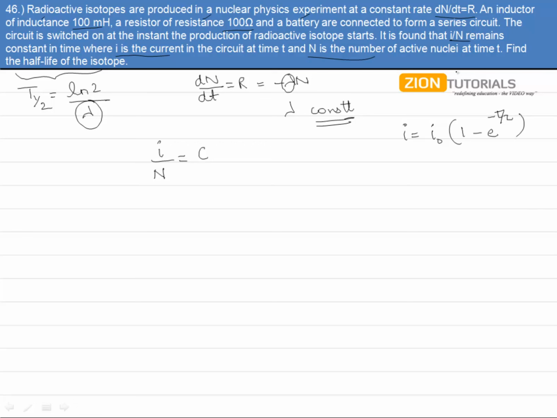And for the active nuclei N, we have N equal to N naught e to the power minus lambda t. But the active nuclei are actually N naught into 1 minus e to the power minus lambda t. So we can have this constant equal to I naught over N naught into 1 minus e to the power minus t by tau over 1 minus e to the power minus lambda t.